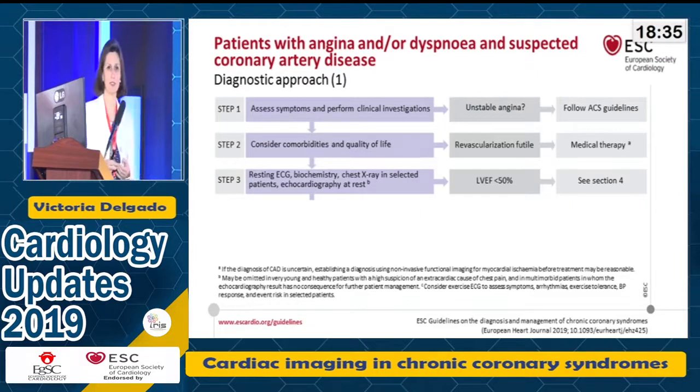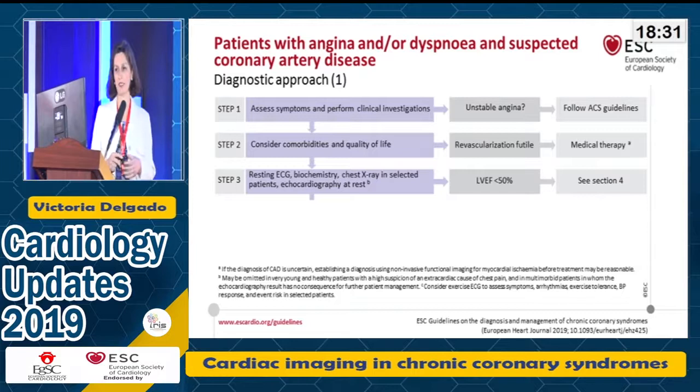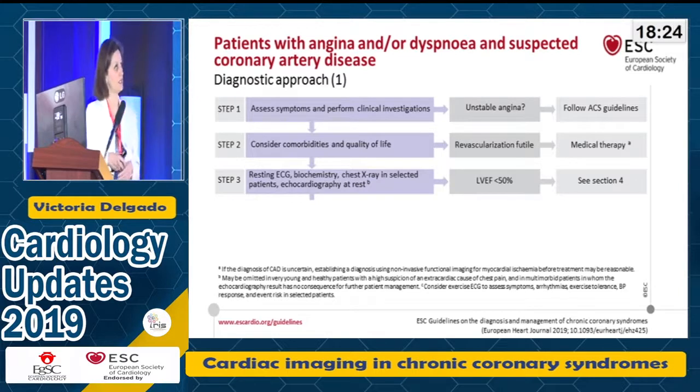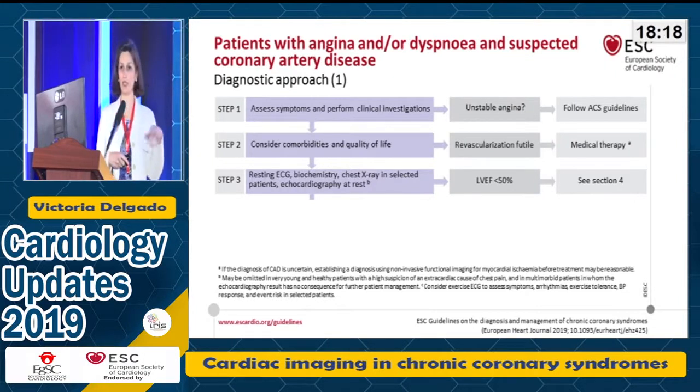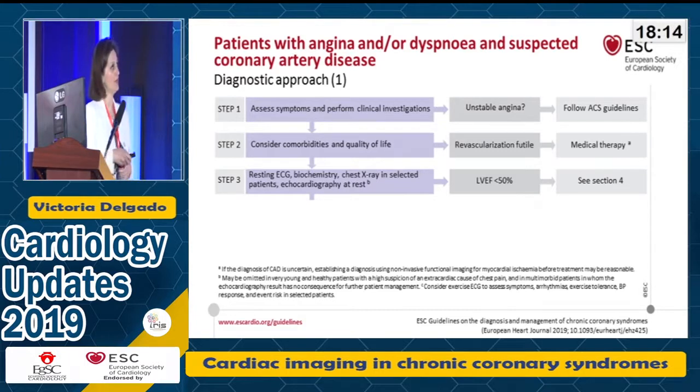And what do the guidelines say? The guidelines of this year on the chronic coronary syndromes. So basically, when we approach a patient with angina or dyspnea and suspected coronary artery disease, we always assess the symptoms and perform the clinical investigation. If we think that it's unstable angina, then we follow the acute coronary syndrome guidelines. We need to consider the comorbidities and the quality of life.